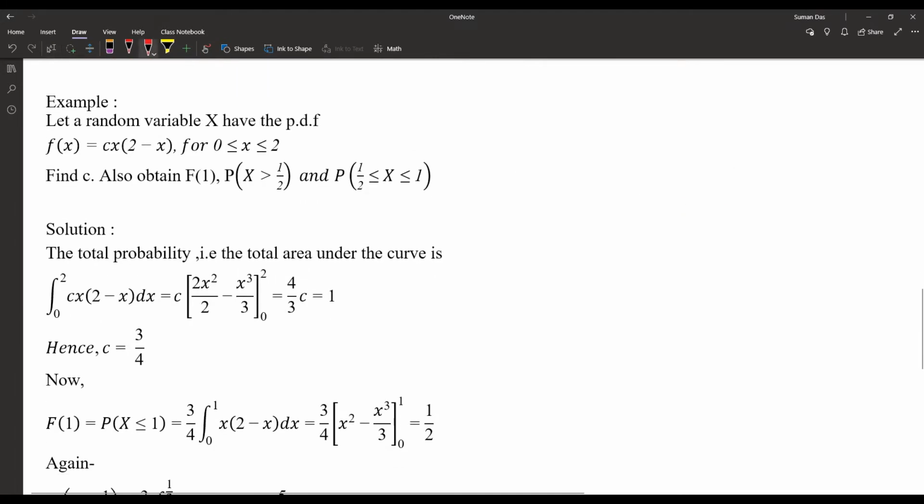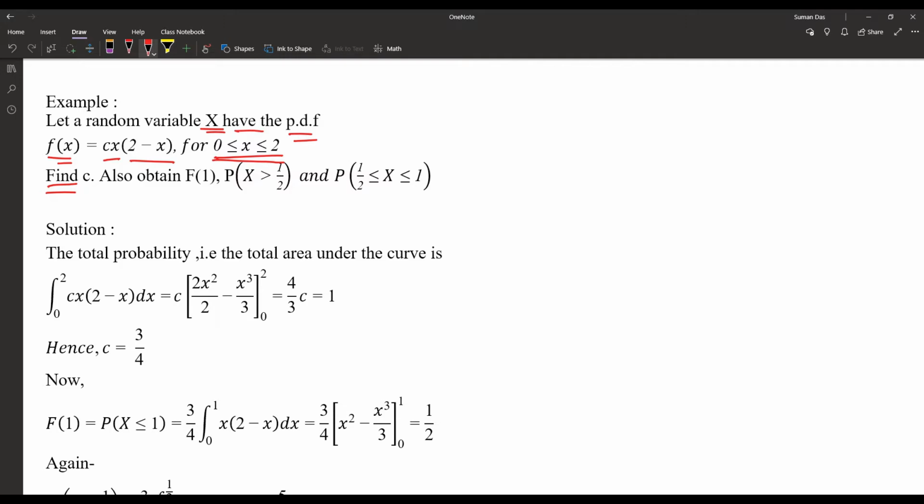Let's check with an example. Let a random variable x have the PDF f(x) equal to c x (2 minus x), for the range 0 to 2. First of all, we have to find the value of small c.